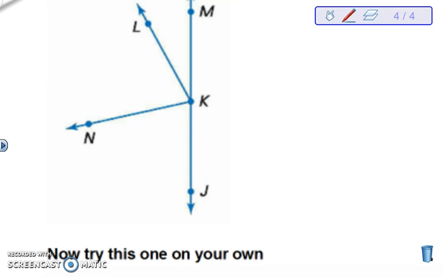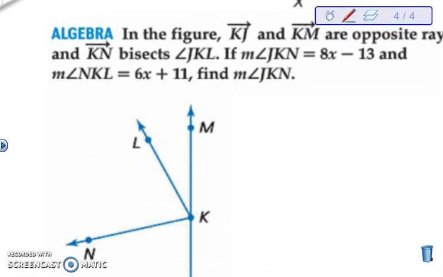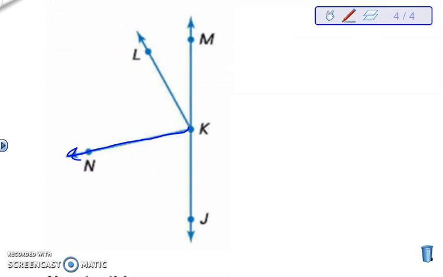All right, so what do we know? We know that KN bisects, so that means this guy is exactly in the middle. We know that JKN is 8x minus 13.